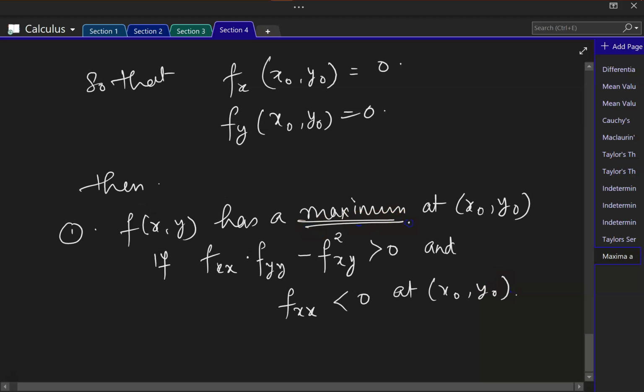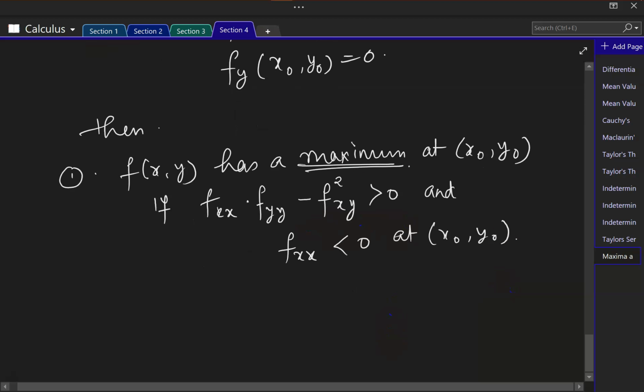So for that critical point to be a maximum, this should be greater than 0 and this should be less than 0.